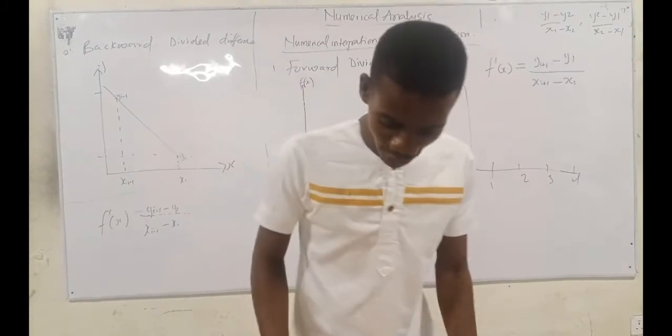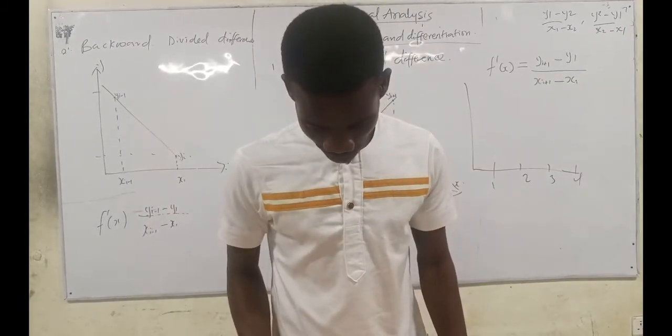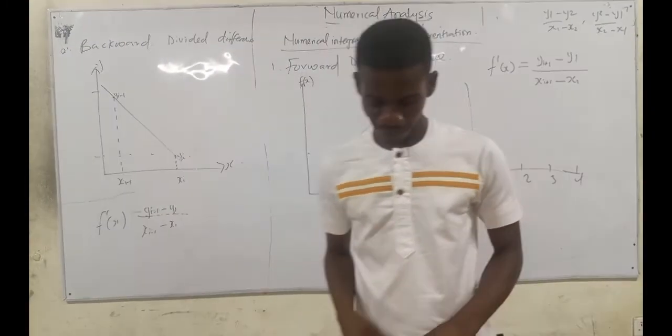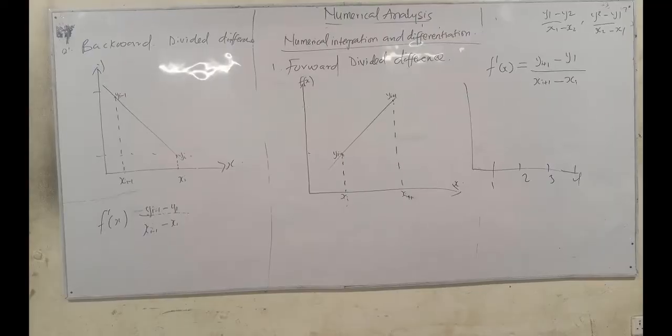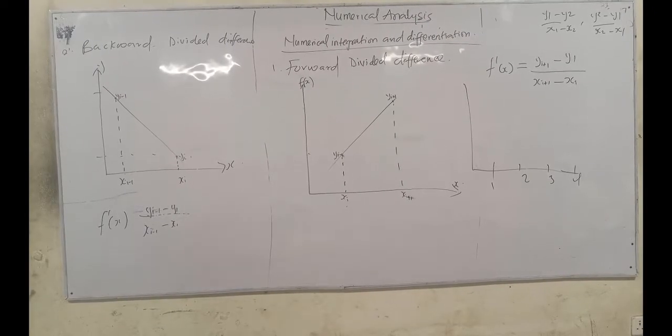It seems like I made some small mistakes. So we are coming down. When you have the diagram, you have to select your initial point. For this one, we select our initial point, then we have to select the next point backwards, at the back of the point we selected.